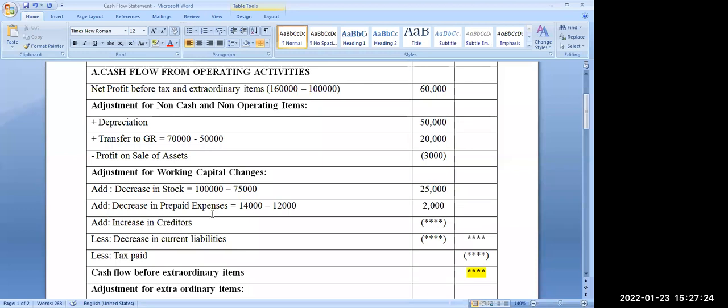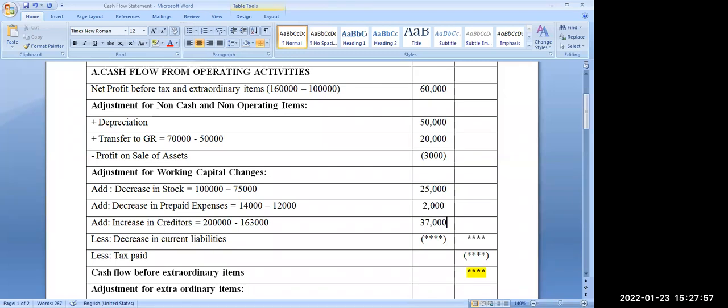How much is it? 2 lakh minus 1,63,000, that is equal to 37,000, right? 37,000.